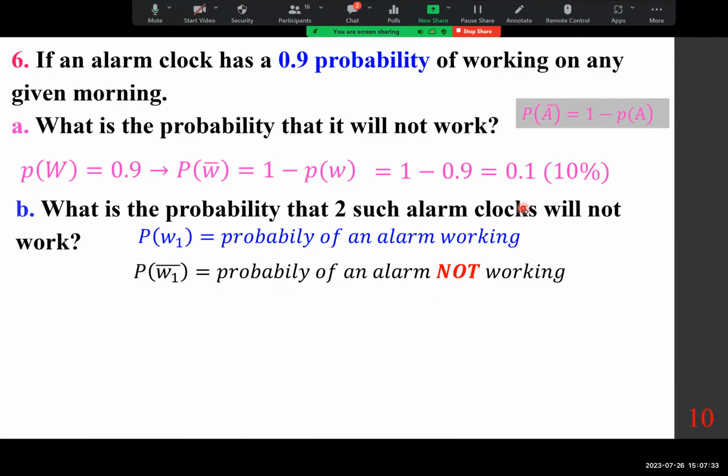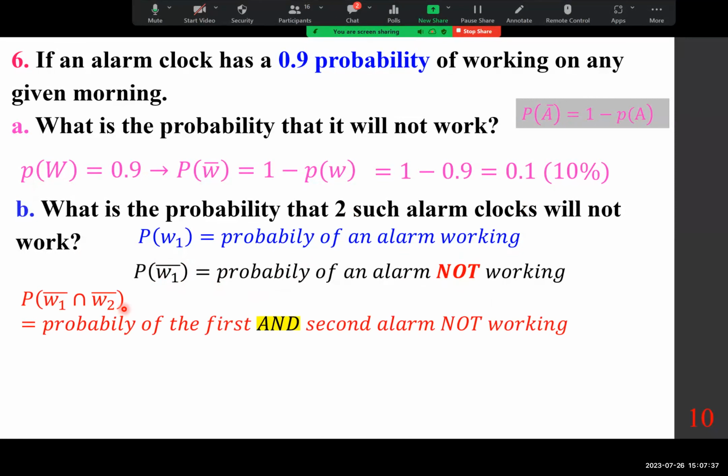And two of them won't work. So that means we are interested in the intersection of the two. Probability of the first and, this is the intersection or and statement, second alarm not working. We are assuming independent events, therefore, it becomes the probability of the first one not working times the probability of the second one not working.